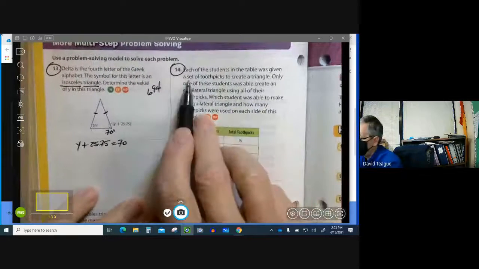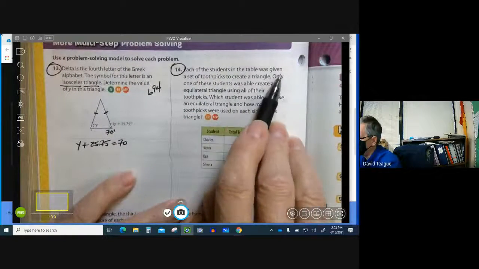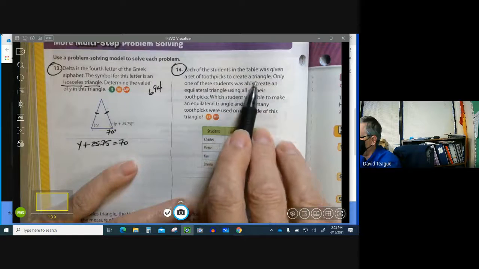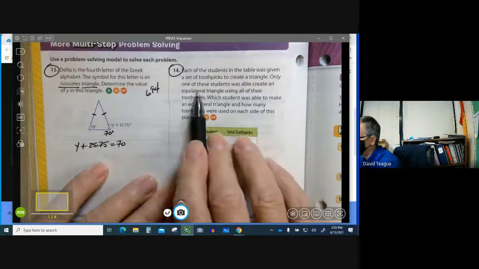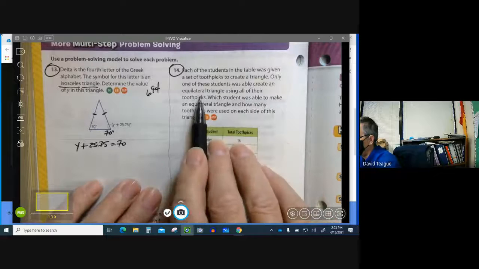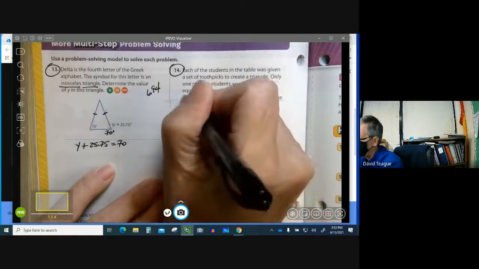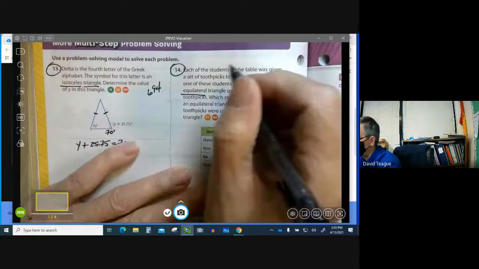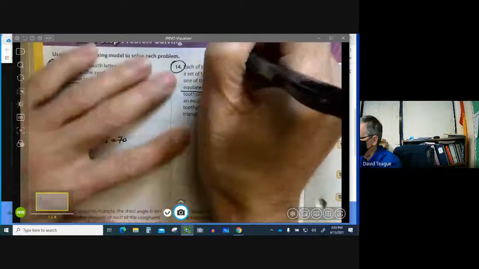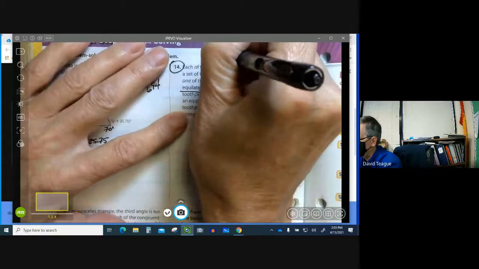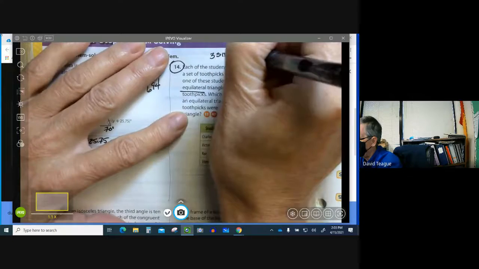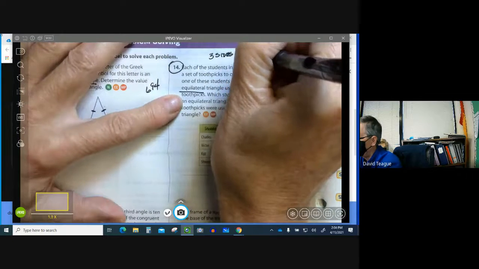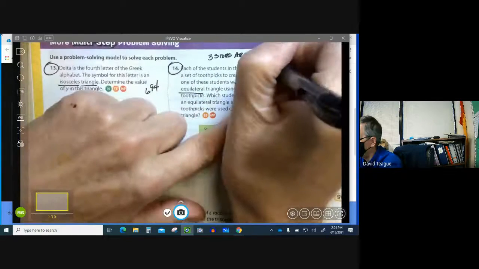It says, each of the students in the table were given a set of toothpicks to create a triangle. Only one of these students was able to create an equilateral triangle. Equilateral means all three sides are the same.